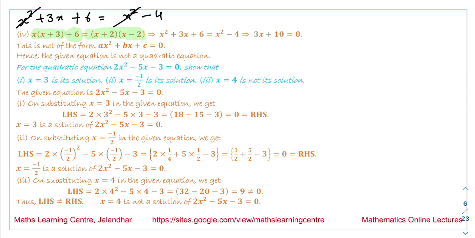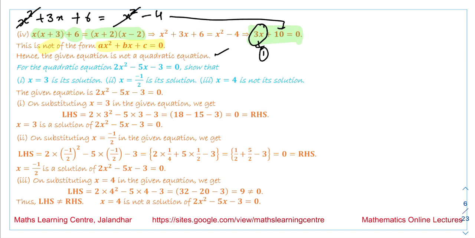This x^2 gets cancelled, and what we are left with is 3x + 10 = 0, and this is not of the form ax^2 + bx + c = 0. The term with the highest power is this, and the degree of this equation is 1. So it is a linear equation, it is not a quadratic equation.